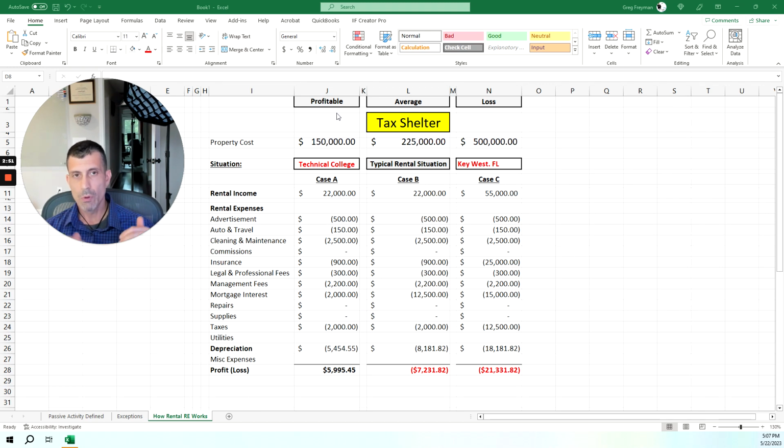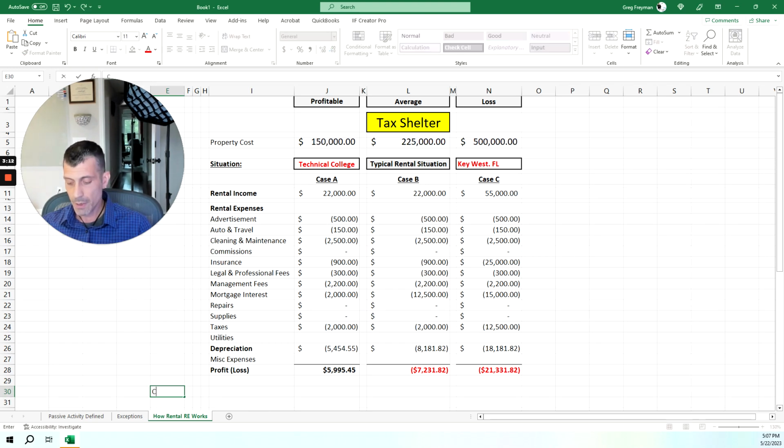The way it would be reflected on a tax return is that you would reflect your rental income, and then from the rental income you would subtract all of your rental expenses, and you would come out to a profit or loss for tax purposes, right? That's really key because we're discussing tax purposes and not cash flow purposes. So let me write that down right here: cash flow.